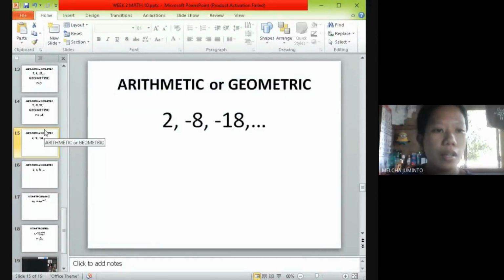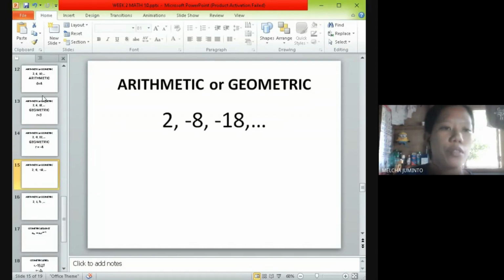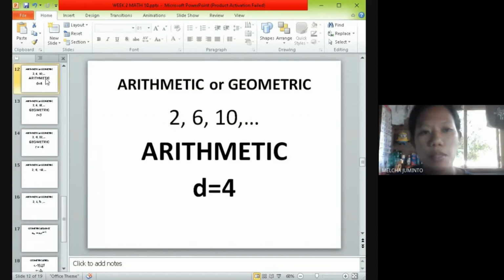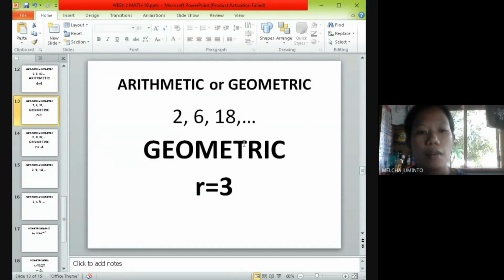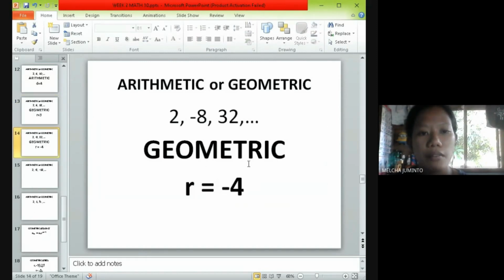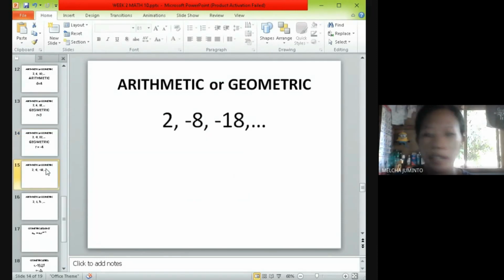Okay, so we are now in item number 4. Let us first go back with the previous 3 items. We have item number 1, arithmetic sequence, common difference which is 4. Second item, we have geometric sequence with the common ratio 3. Third, we have another geometric sequence with common ratio negative 4. Next, we have item number 4.